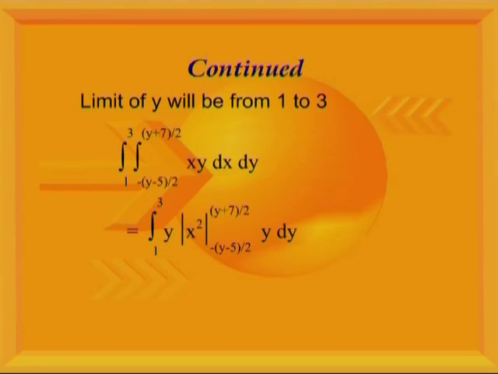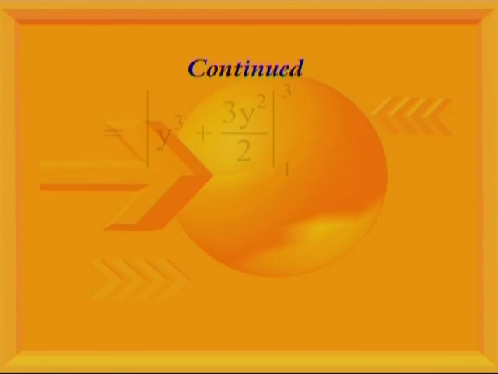We substitute these limits and get 3y square plus 3y. We will integrate this function with respect to y between the limit y is equal to 1 to y is equal to 3. And after integrating, we get y cube plus 3y square over 2, and the limits are y is equal to 1 to y is equal to 3.